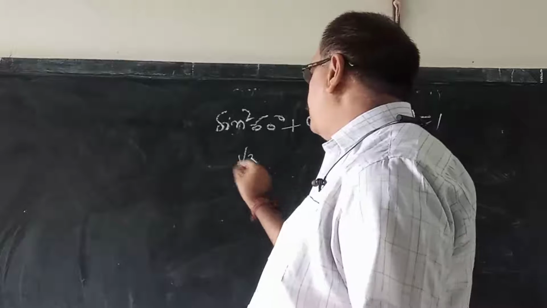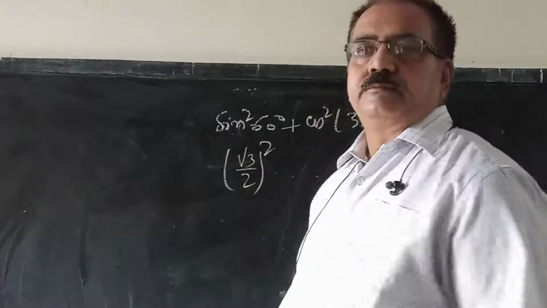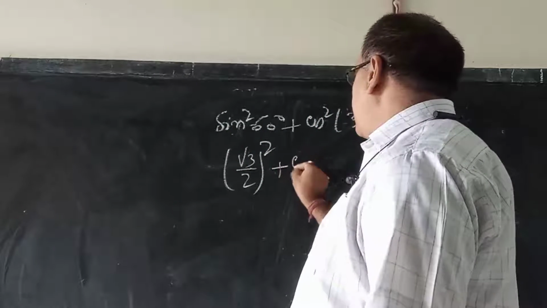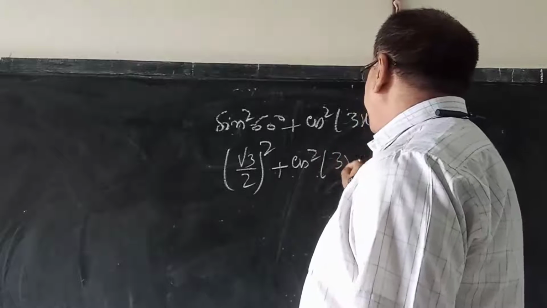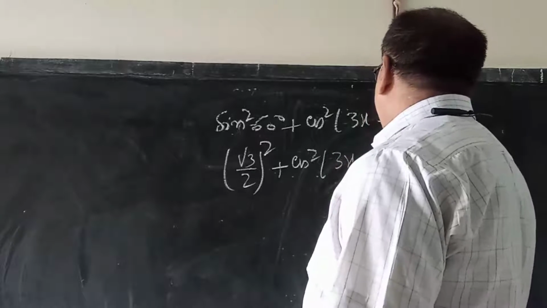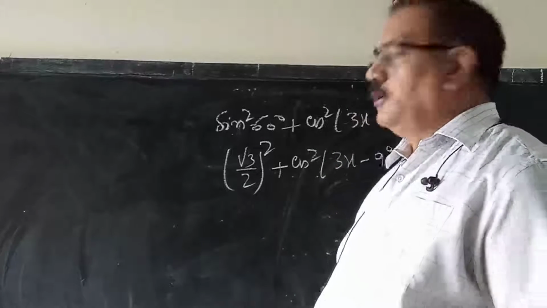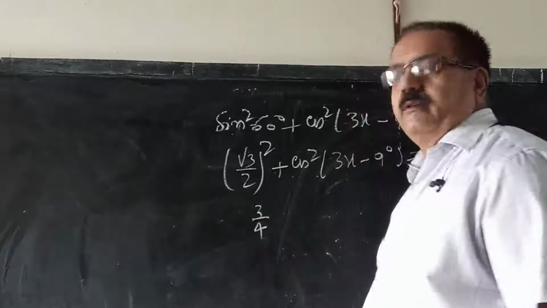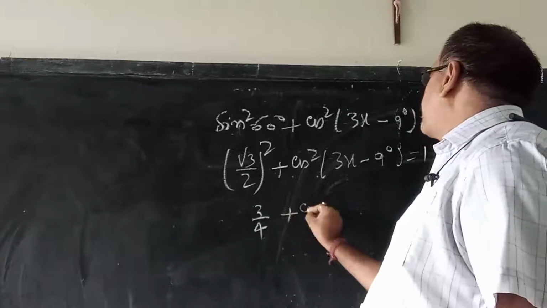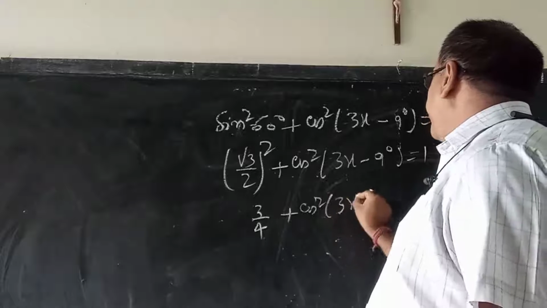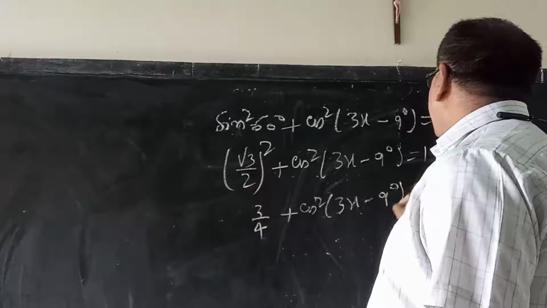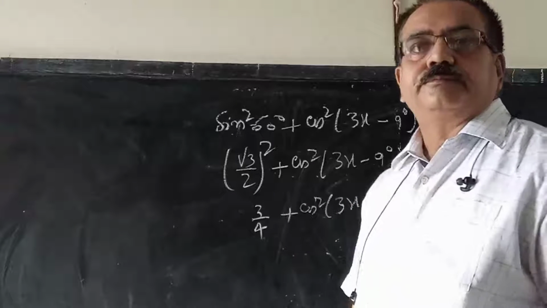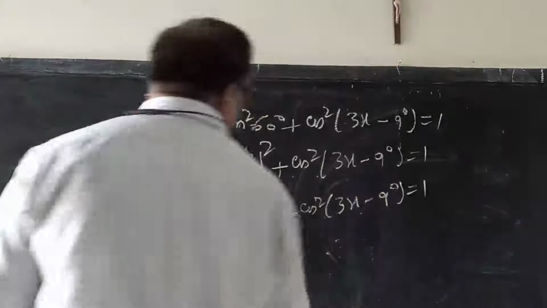So root 3 by 2 and there square plus cos square (3x minus 9 degree) is equal to 1. Root 3 by 2 squared means 3 by 4 plus cos square (3x minus 9 degree) is equal to 1.